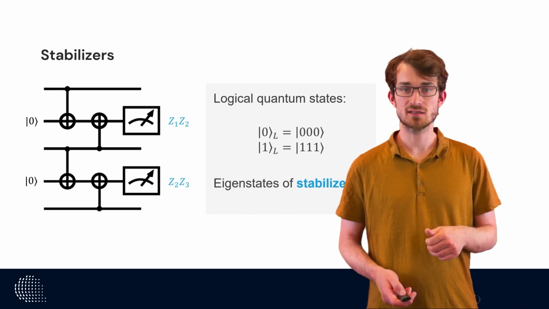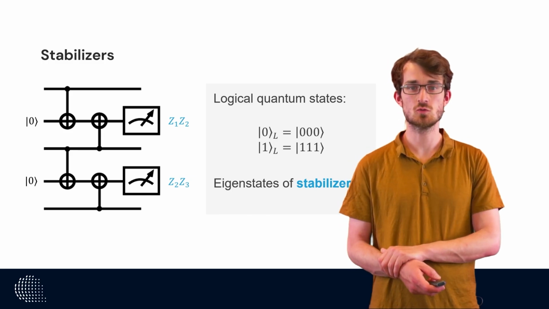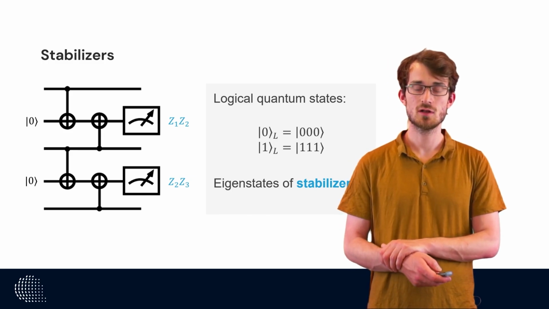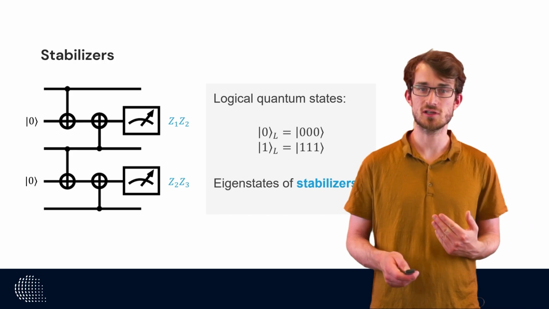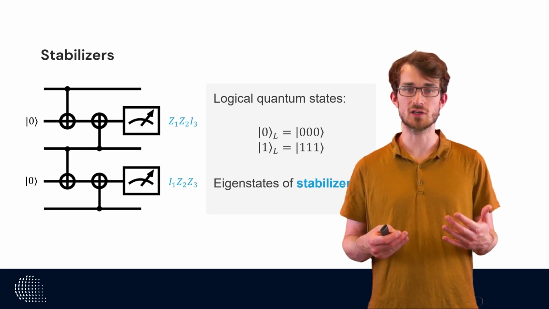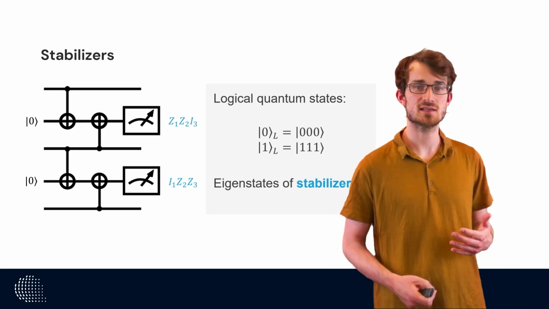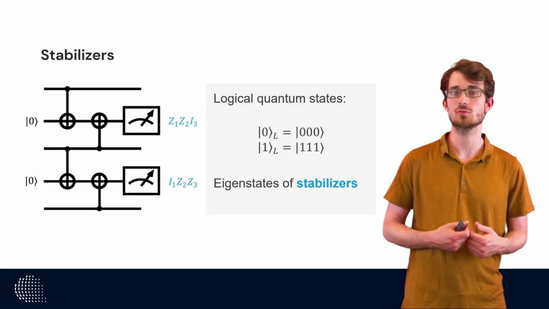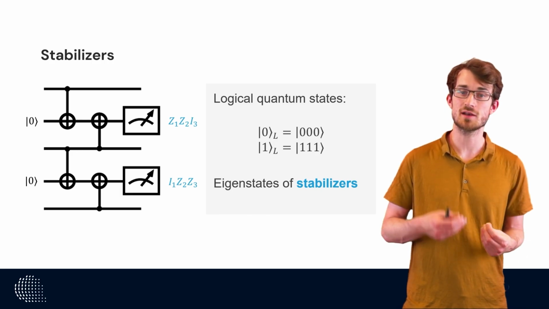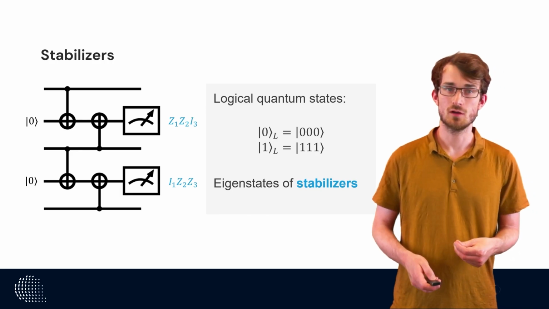Now, what we actually did here is that we measured these two operators, Z1 Z2, or the operator Z2 Z3, or let me write it in the full 3 qubit space as Z1 Z2 times the identity on qubit 3, or identity on qubit 1 and Z2 Z3.